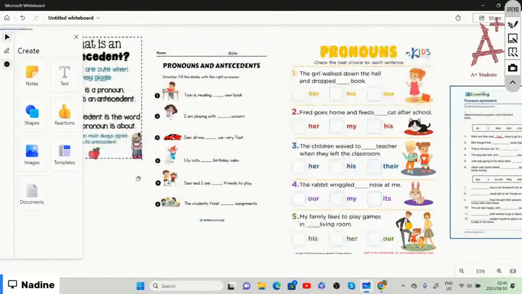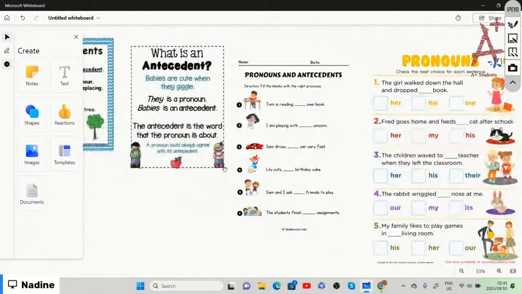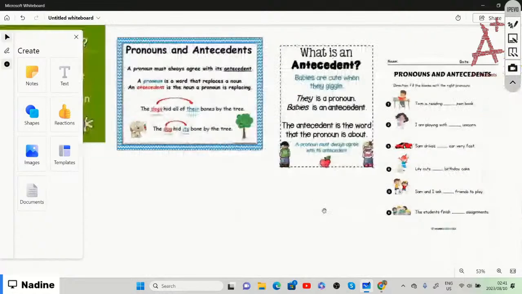An antecedent is a word the pronoun must always agree with, and the antecedent can either be a noun, which is the name of a person, or maybe a noun phrase.